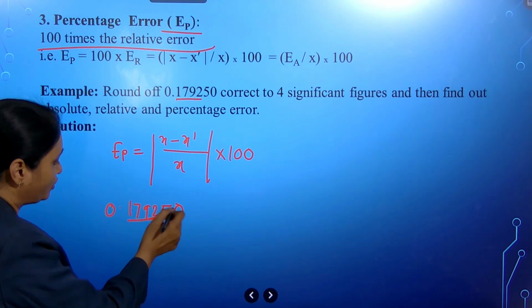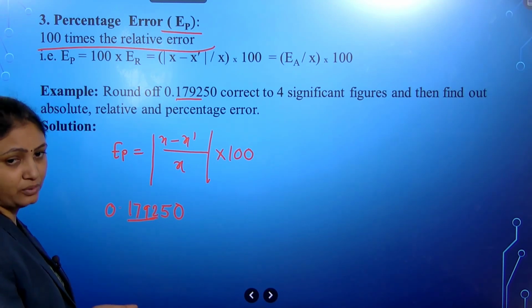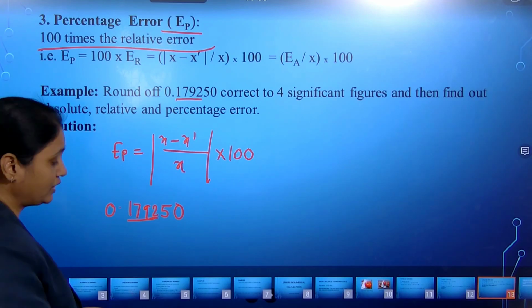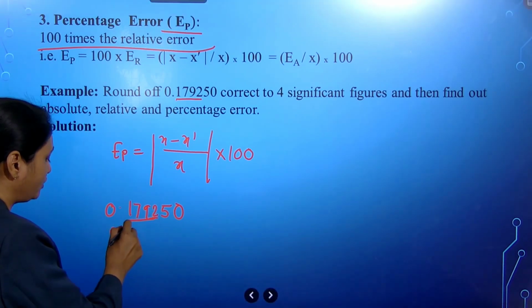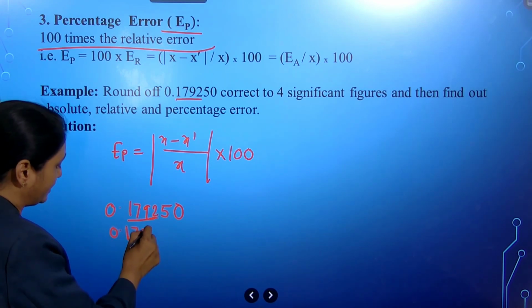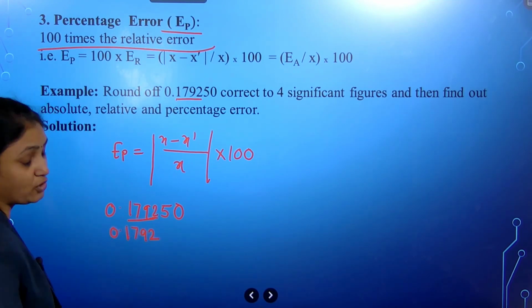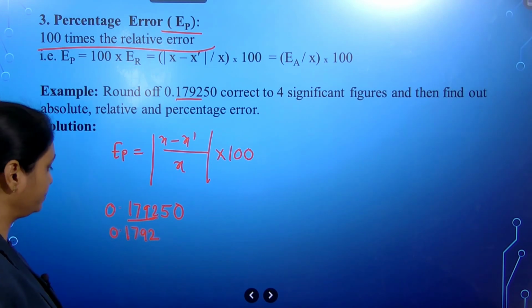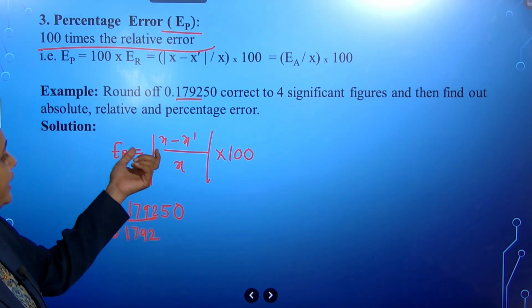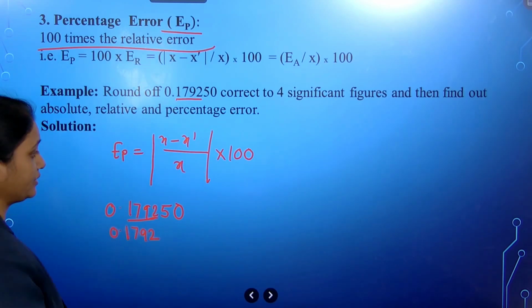After 2 the number is 5, exactly 5. So the previous digit is 2, which is even, so there will be no change in 2. So the number will be rounded to 4 significant figures as 0.1792.